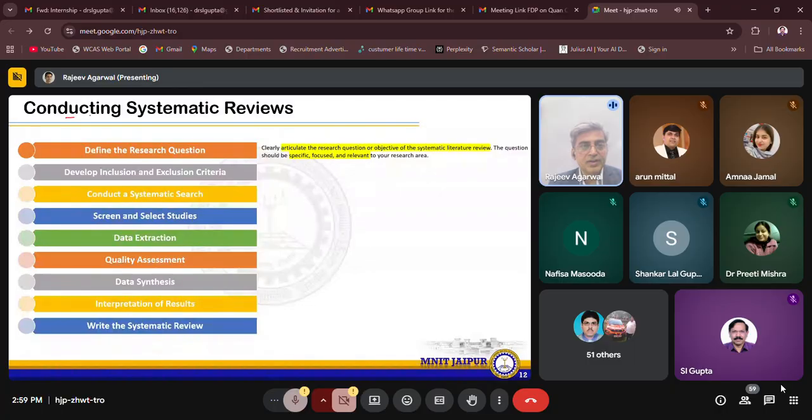When you conduct a systematic review, you need to first define research questions. So these are very specific guidelines. So first you need to articulate the research question. It can be specific, focused, and relevant.